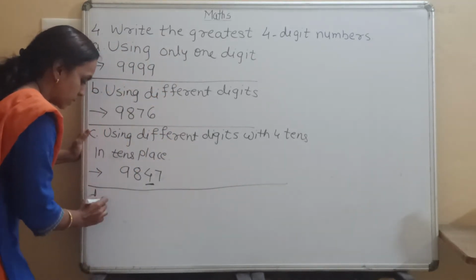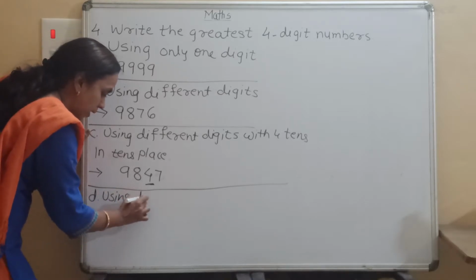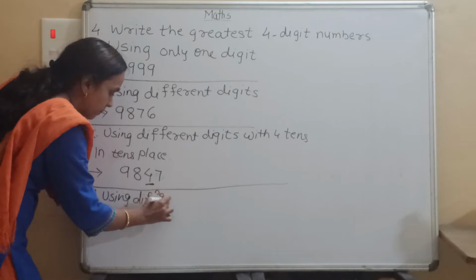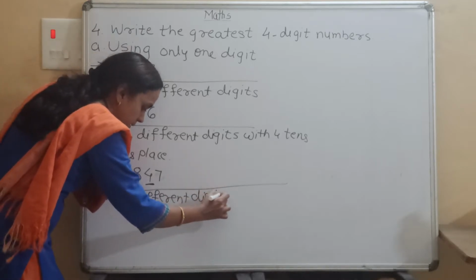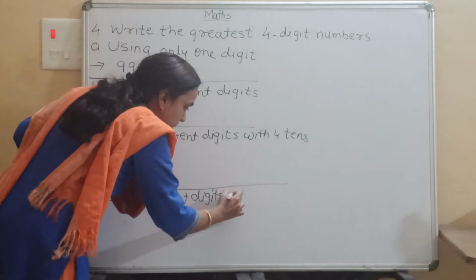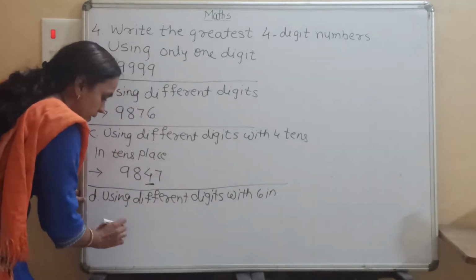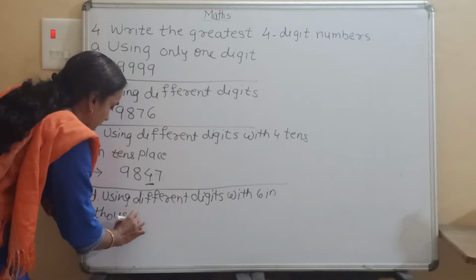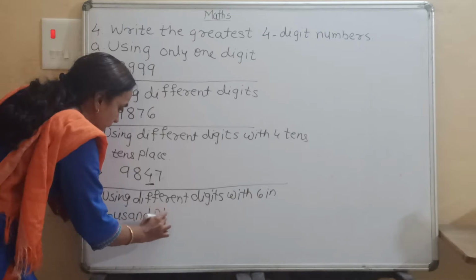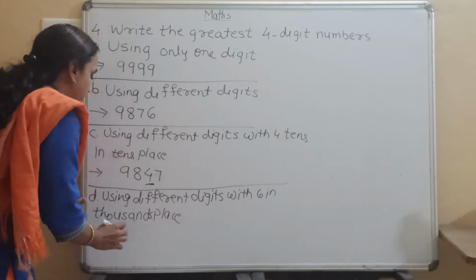Now the question is what? Using different digits with 6 in thousands place. In thousands place, what we have to write? We have to write 6.